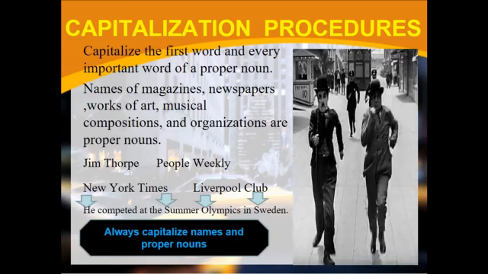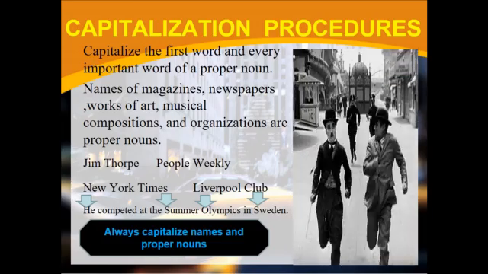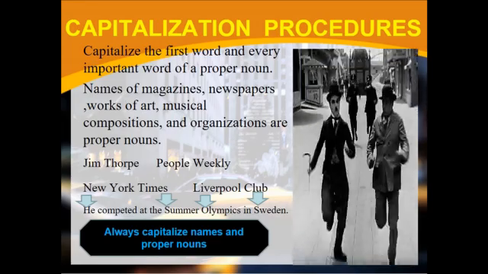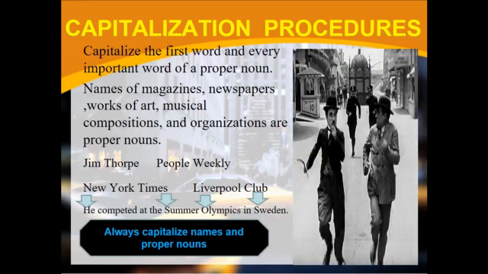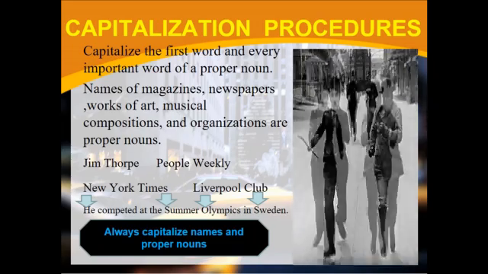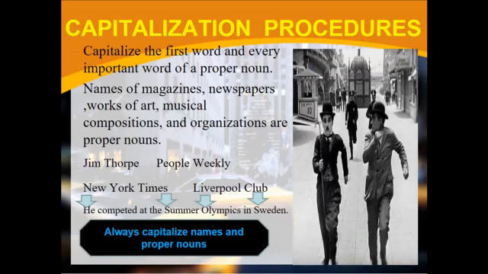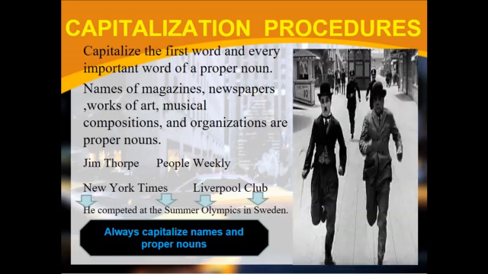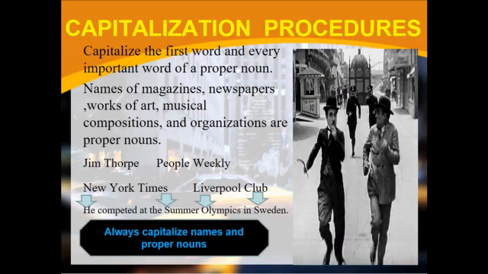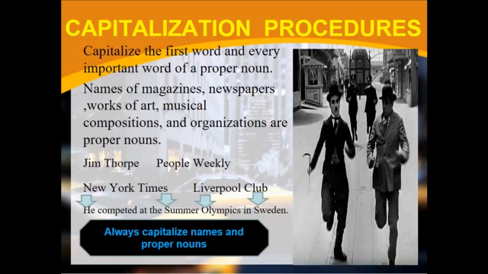S and O are capitalized. What about Sweden? Sweden is the name of a particular place, and thus we need to capitalize the letter S that begins the word Sweden. You need to remember to always capitalize names and proper nouns.